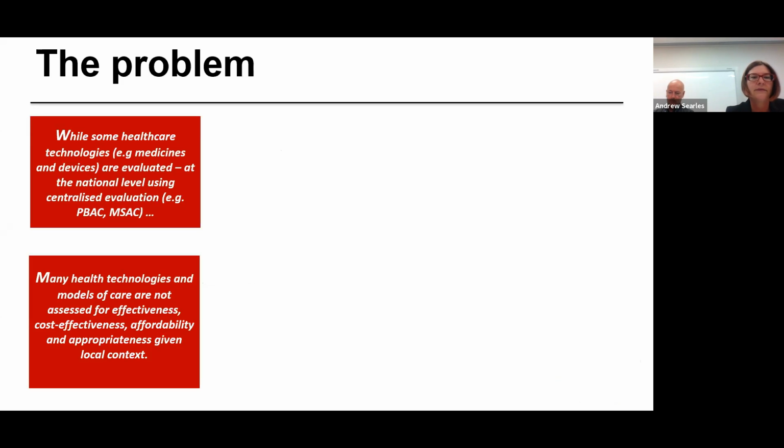So the problem, while some healthcare technologies, as I said before, medicines and devices, for example, are evaluated really well with world-class decision-making processes at the national level, that's not translated at the local level, and many technologies such as models of care are not assessed for effectiveness, and they're certainly not assessed for cost effectiveness or affordability given local context.